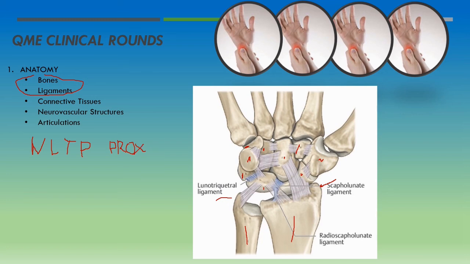So that is the navicular, also known as the scaphoid, the lunate, the triquetrum, and the pisiform. And then we have the trapezium, the trapezoid, the capitate, and the hamate. So this is the distal row of carpal bones.